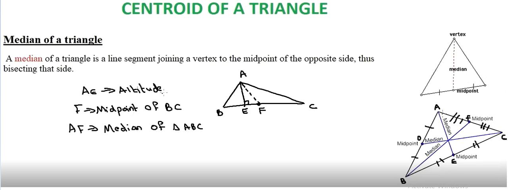AE is the altitude and AF will be the median of the triangle ABC. So don't confuse median and altitude.